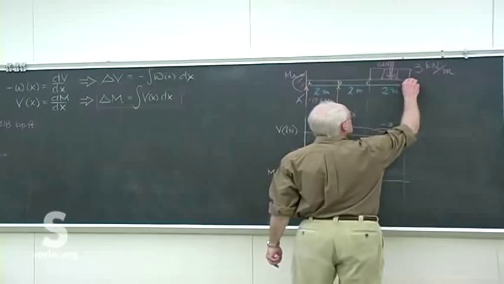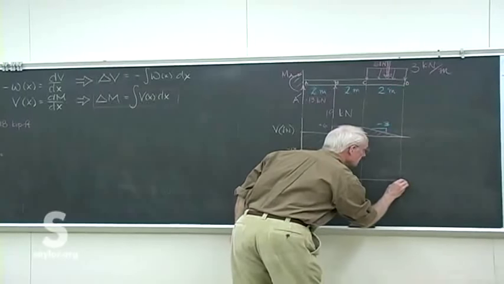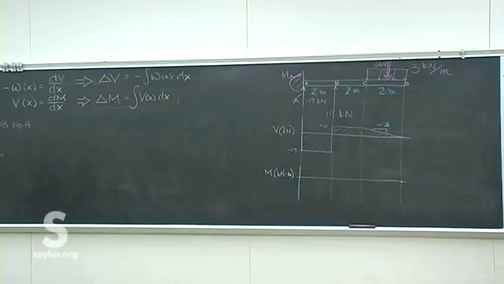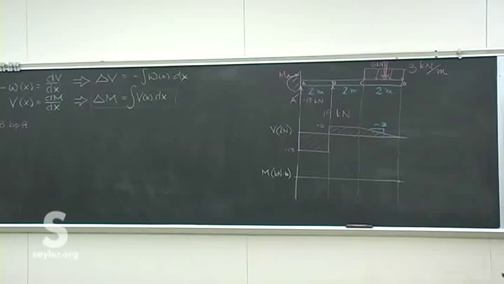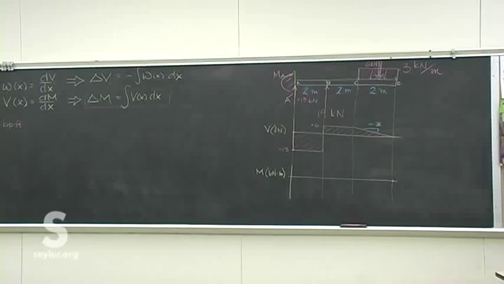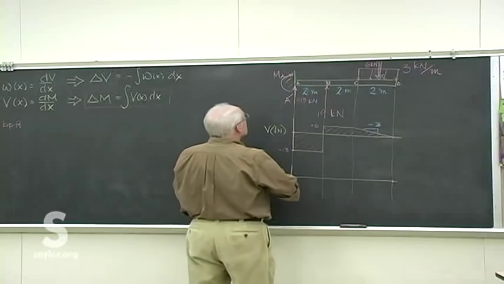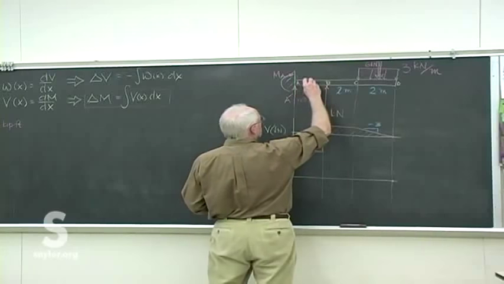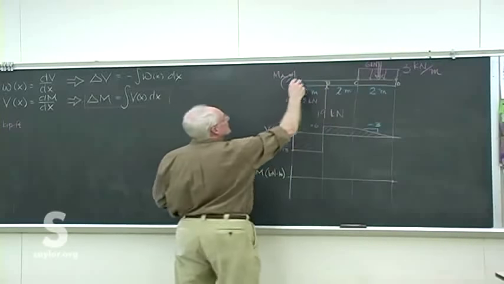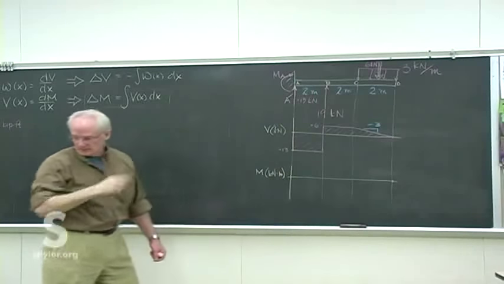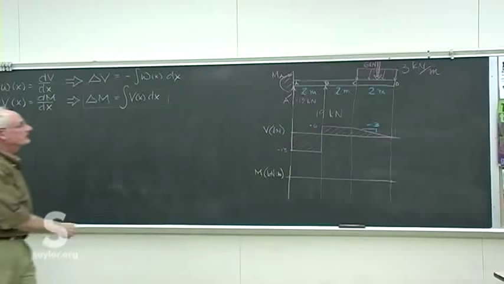We do finish with 0 moment because it's a free end. But a cantilever support will supply internal moment. What that means is right at that point the beam is already going to be curved some. The final shape of the beam will be horizontal. The slope will be 0 there, but it'll immediately start curving.